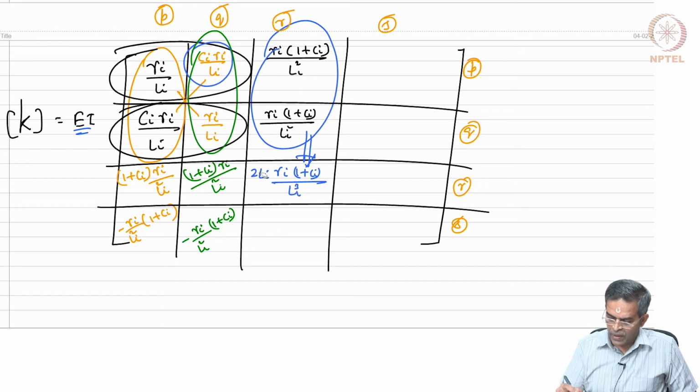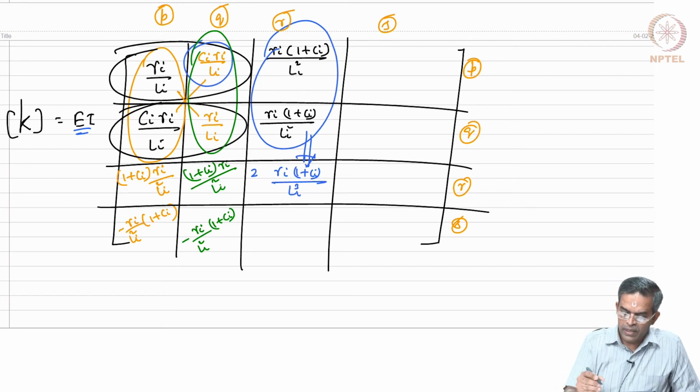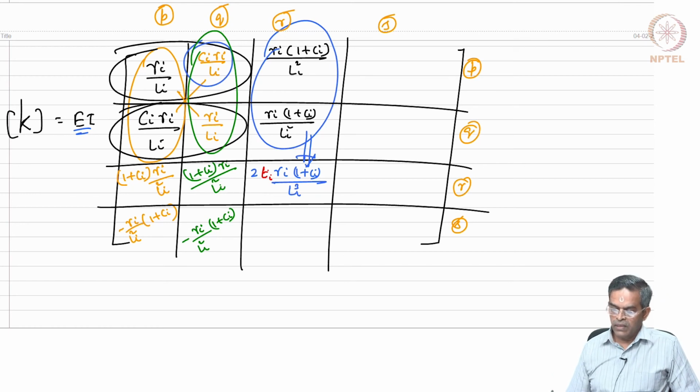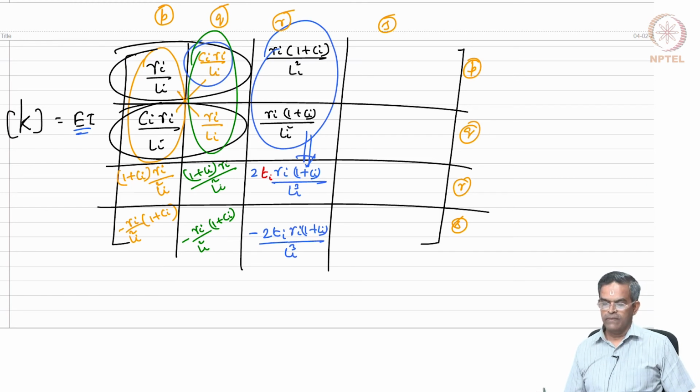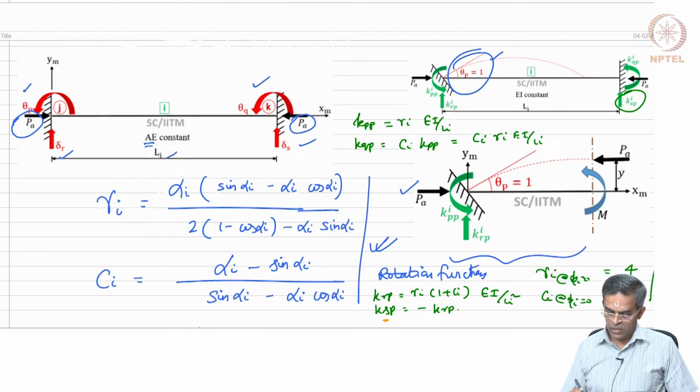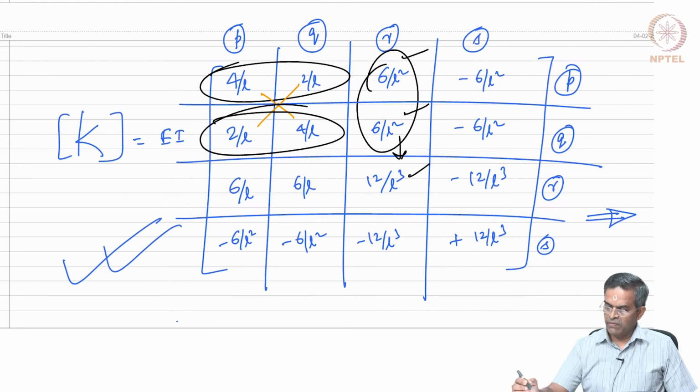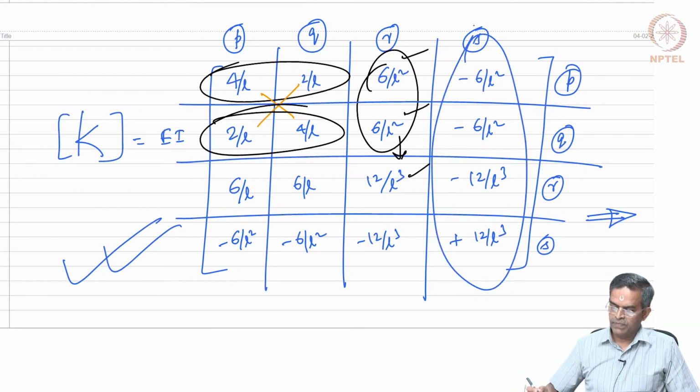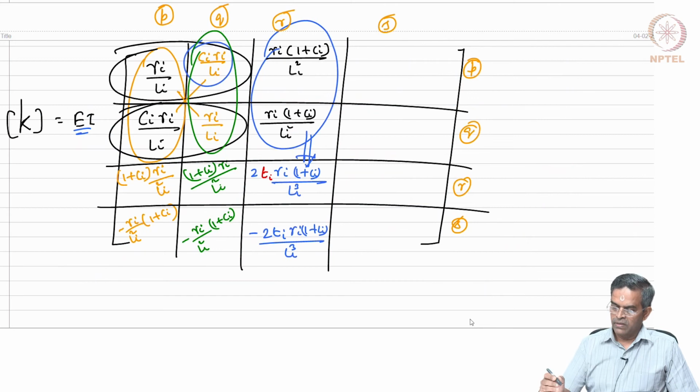Okay, let me do it in different color. I am putting Ti here. So therefore, this will be minus 2 Ti of Ri of 1 plus Ci Li cube. The fourth column, as you see here, is negative of the third column. See here, I am doing the same thing here, negative of the third column.